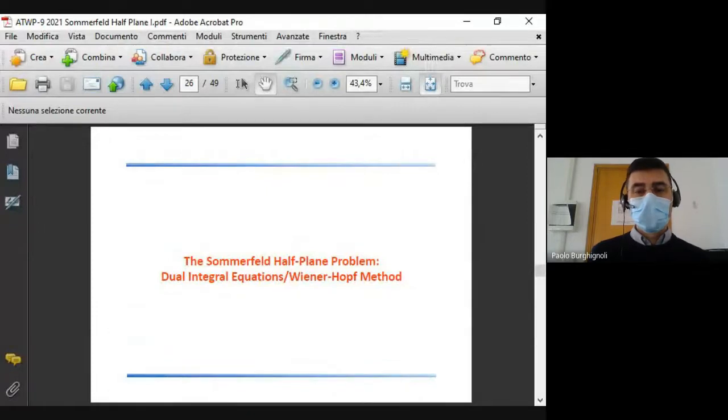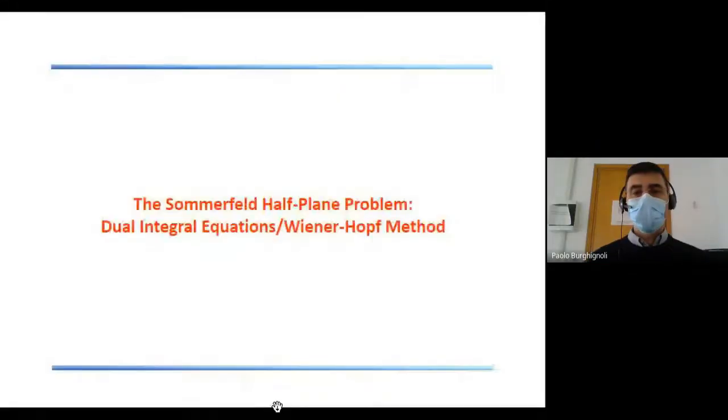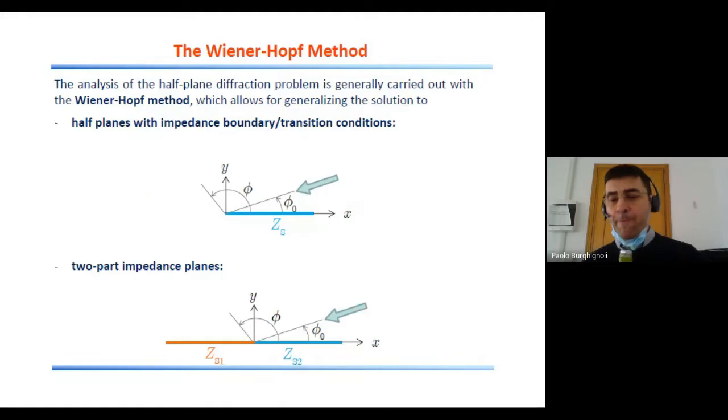So back again to our problem, we will now address the dual integral equation formulation. Now, this is a classical way of approaching this kind of problem, particularly because it can be generalized to related configurations.